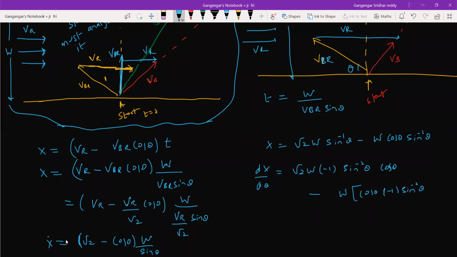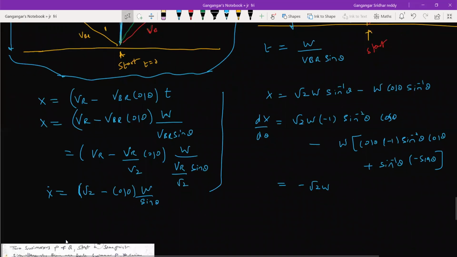Sine minus 2 theta, this will be cos theta plus the definition of cos theta will be minus sine theta. So this will be negative minus root 2 w.